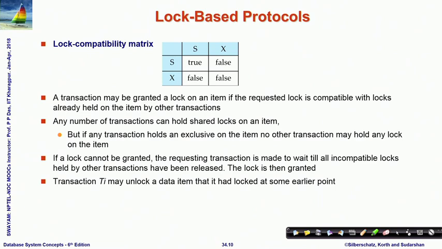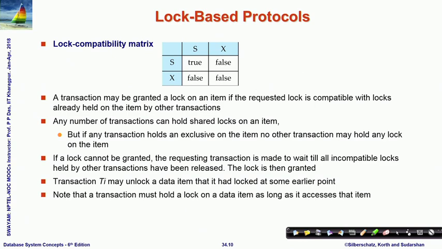And certainly a transaction which is holding a lock on a data item can unlock it at some point after its purpose of accessing the data item is over, and a transaction must hold a lock on the data item as long as it is accessing the item. That is the basic protocol. So, you must request first, get a grant of that lock, do the operations that you want, and then you unlock.